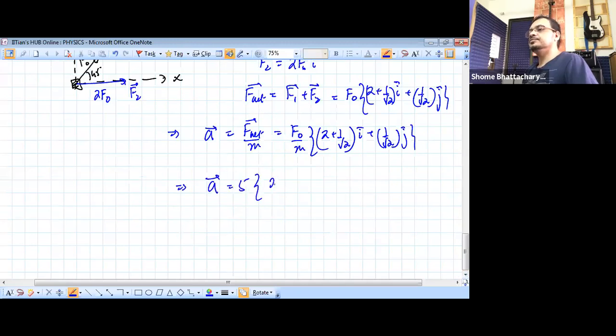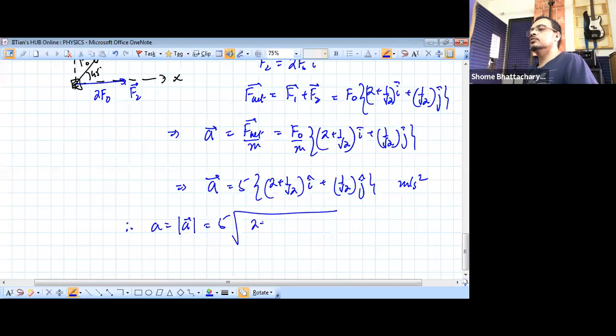Okay, so this would have been 5 in meters per second squared. So the magnitude of the acceleration would have become 5 into square root of 2 plus 1 by root 2 whole square plus 1 by root 2 whole square.